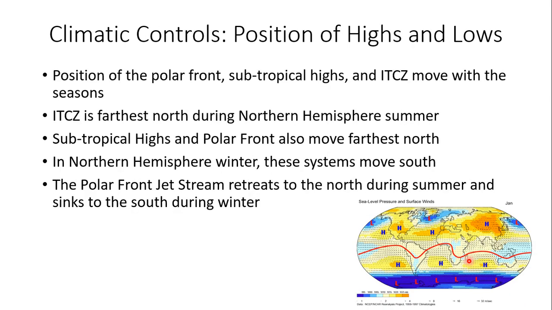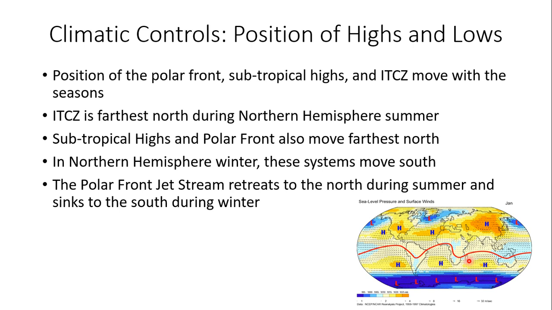The next climatic control we'll talk about is the position of highs and lows and what type of weather we typically see based on these positions of the pressure patterns. The position of the polar front, the subtropical high pressure systems, as well as the ITCZ, the intertropical convergence zone where the trade winds converge, all generally move with the seasons.